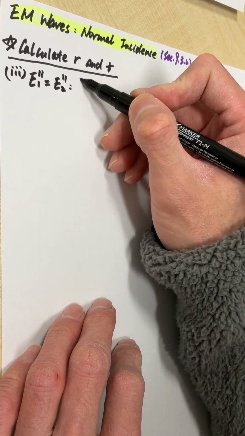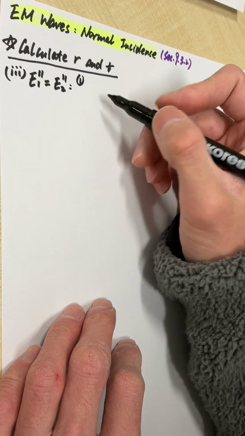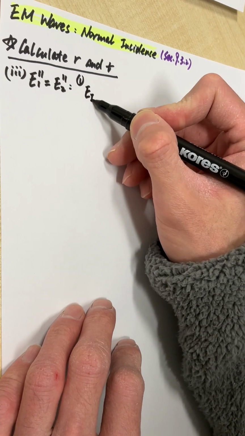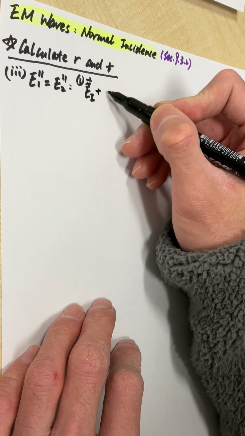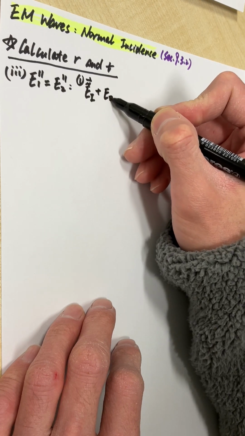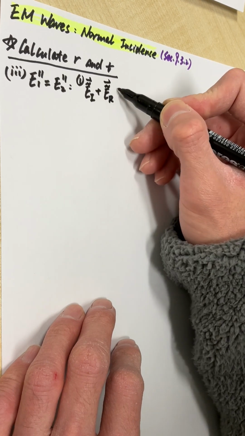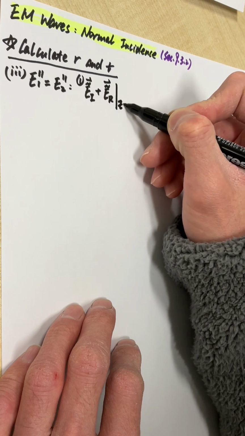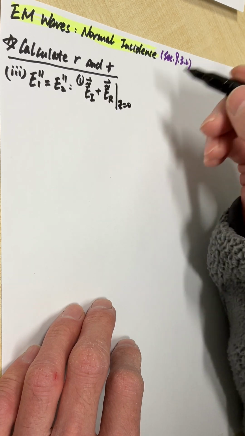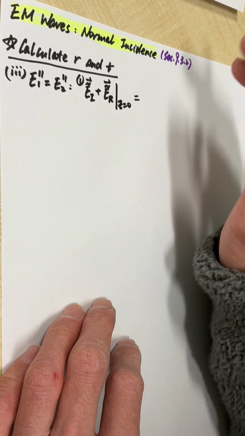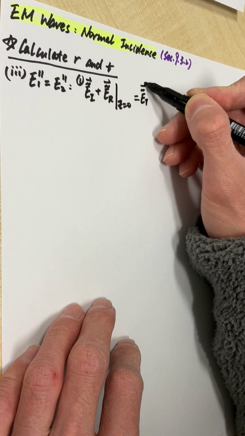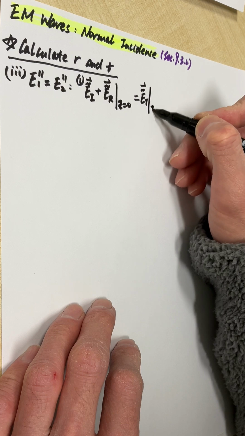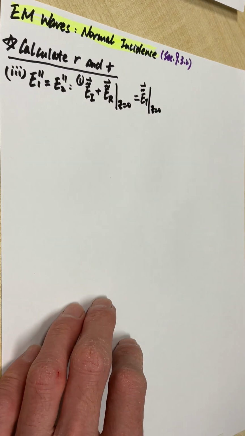This means on the left-hand side we have the incident electric field and the reflected electric field, at the boundary z equal to 0. This should equal, on the right-hand side, the transmitted electric field at the boundary z equal to 0.